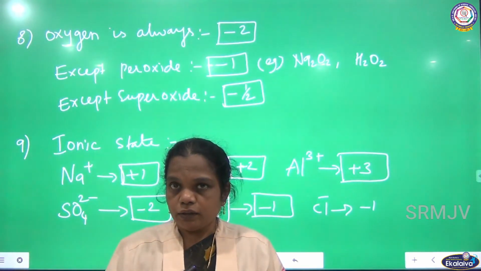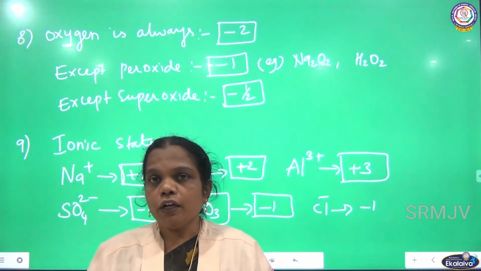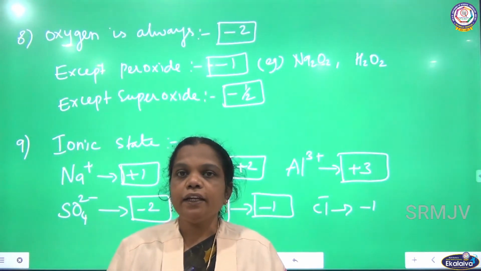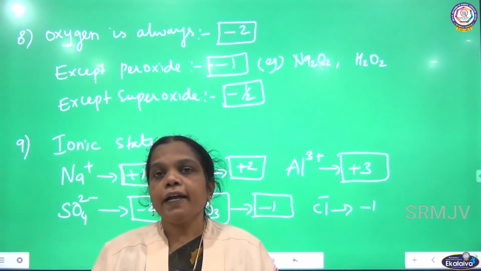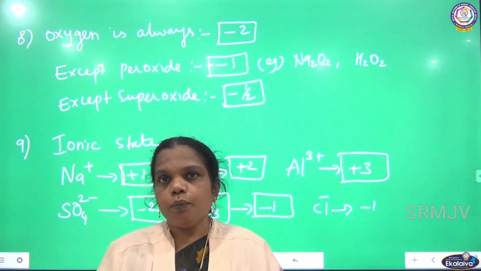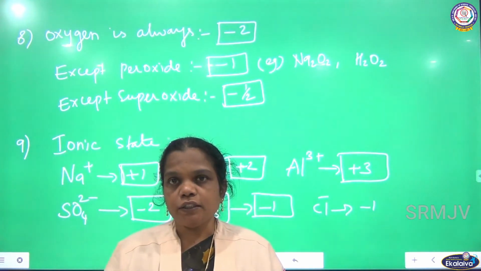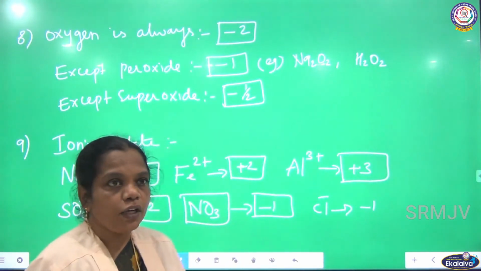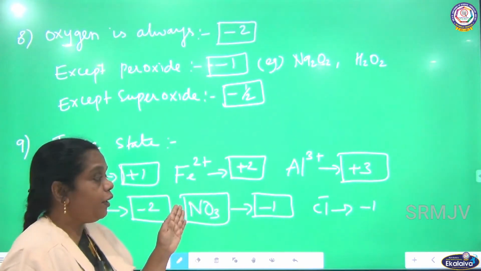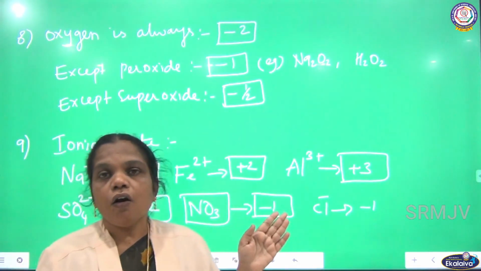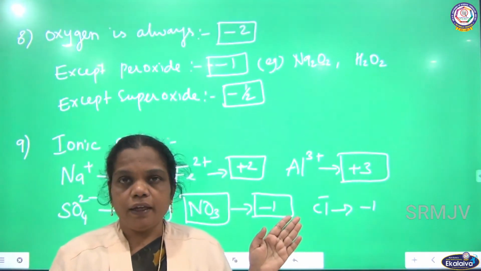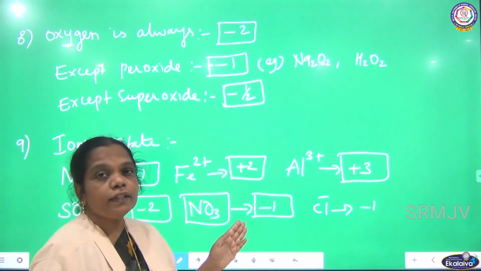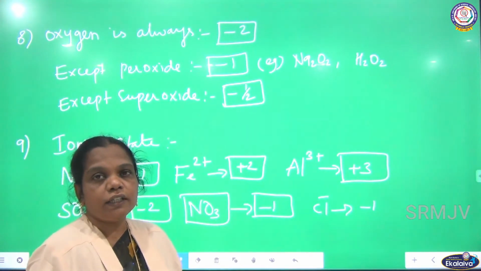And for halogens, fluorine alone always shows -1 oxidation. The remaining halogens can show -1 as well as +1 as well as +5 oxidation. So these are all the tips you have to keep in mind to find the oxidation number for the molecules or the atom.